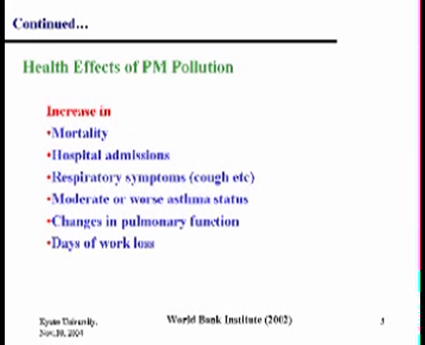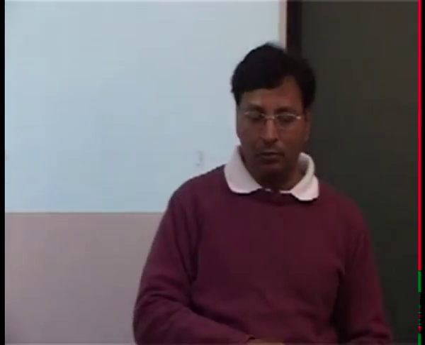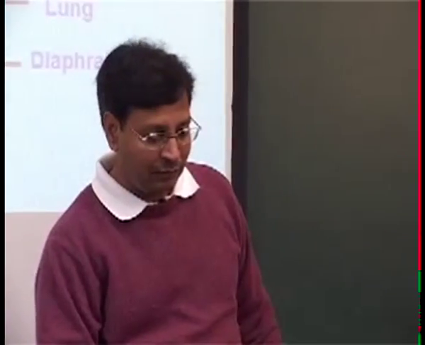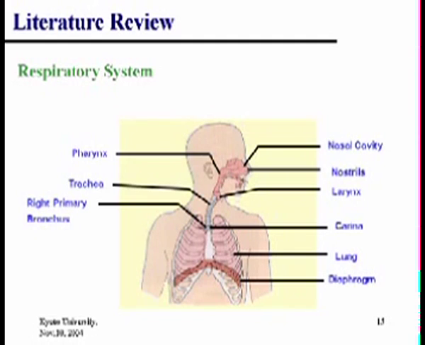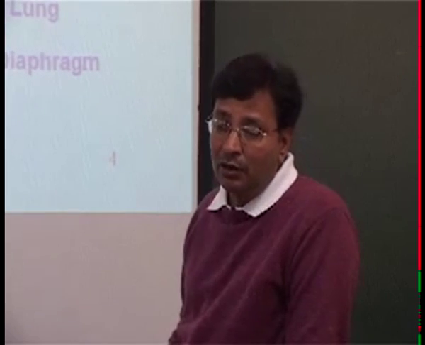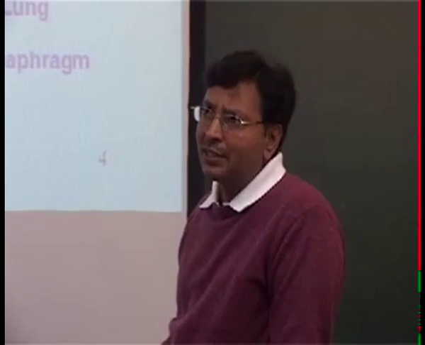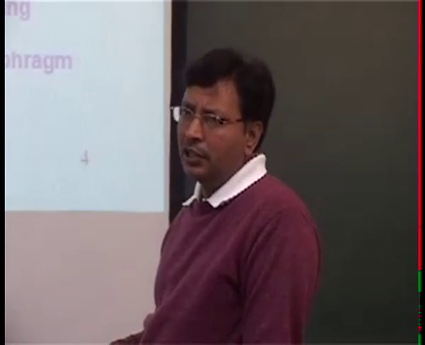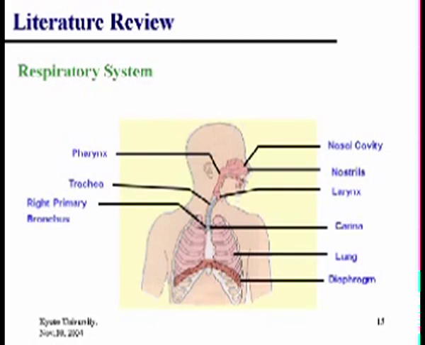These are the broader issues, but we need to get a little more specific. The main target organ for the air pollutants is the lungs. Other things also happen, but largely it is the lungs, which are very, very important. Here you have the nasal cavity, and this is the larynx.